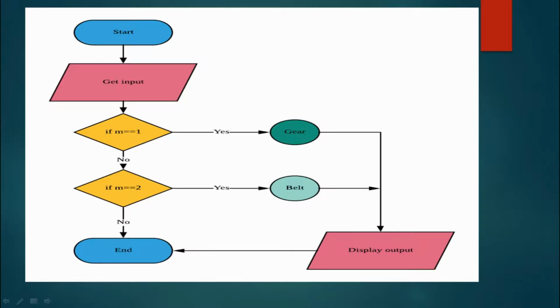If no, it will enter another condition, where m equals 2, and it will enter the belt function. If the user does not input these two conditions, it will automatically end the system. After both of these, at the end it will display the output, then end the system.